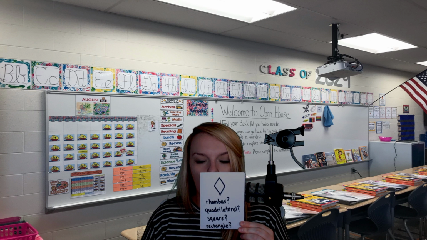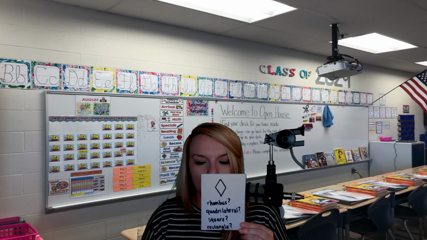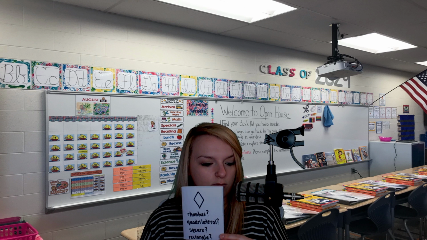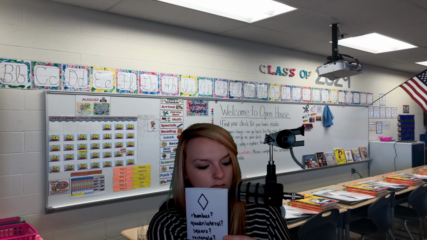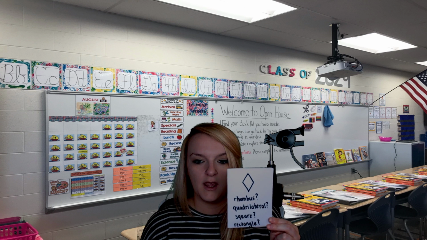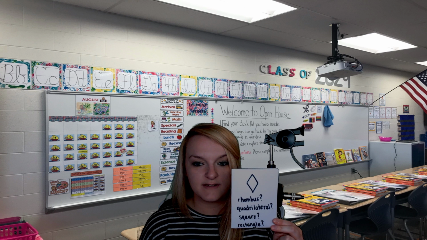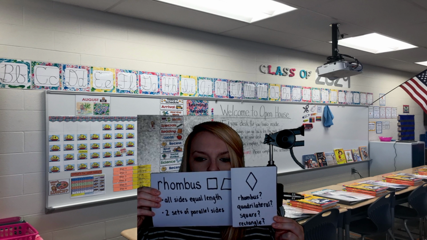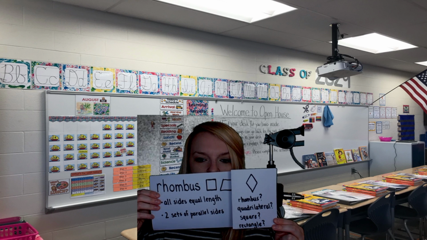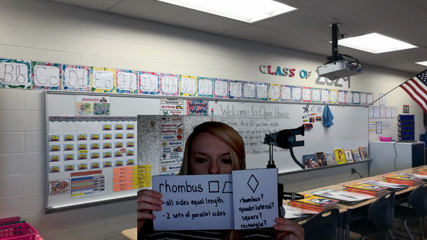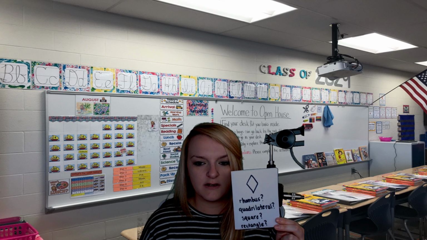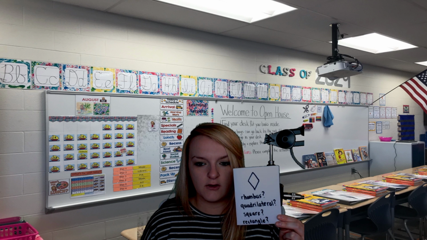I'm going to let you draw this shape. And now we're going to test it out and see if we can figure out what it is. Is it a rhombus? Are all the sides equal length? Now it's kind of hard to tell because I just drew this the best I could.